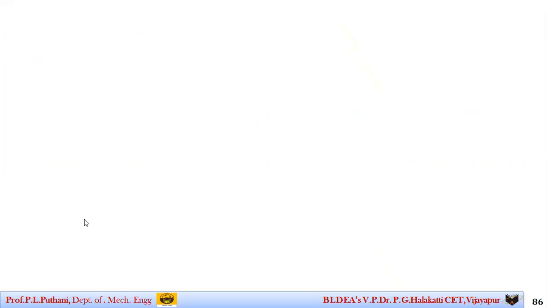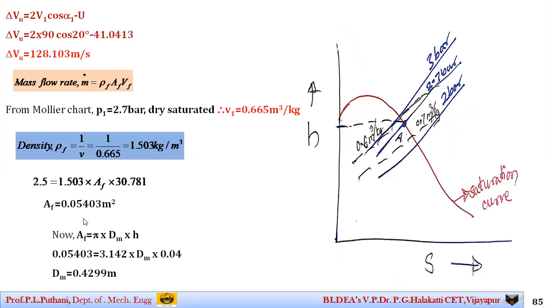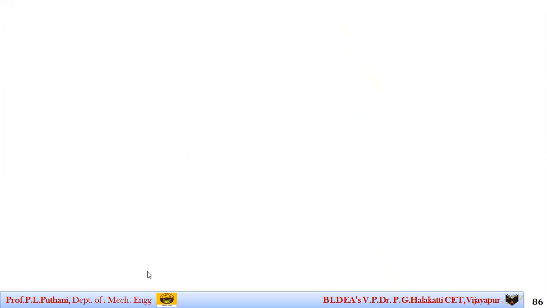0.05403 meters square. So then next, using this particular equation, already the mean blade height is given to us. You can find the diameter, that is AF is equal to pi into dm into h, where you can substitute the values except dm. All the values are available with us. The final value of dm, we get it as 0.4299 meters.